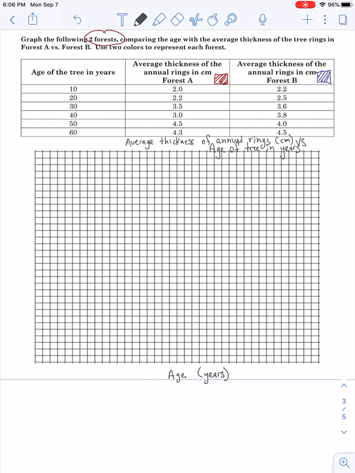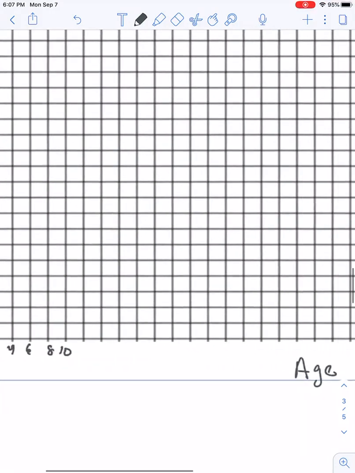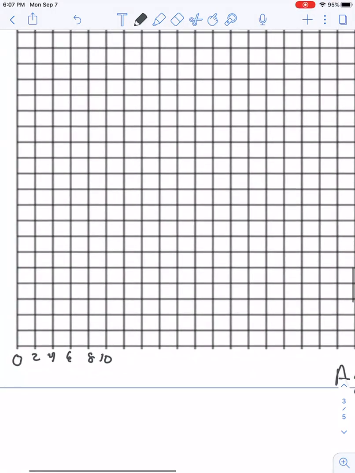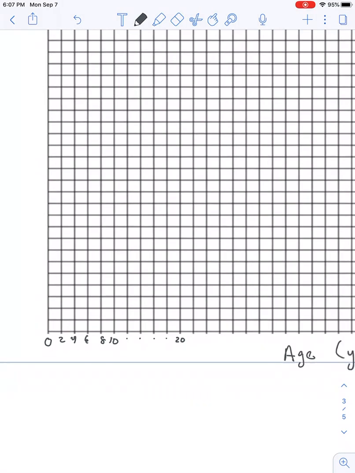So I don't think I want to go by ones, but I bet you there's 30 blocks here. So I'm going to go by twos, and let's just see if it works. So 2, 4, 6, 8, 10. I'm not going to label them all. I'm just going to show you what I'm doing. 2, 4, 6, 8, 20.